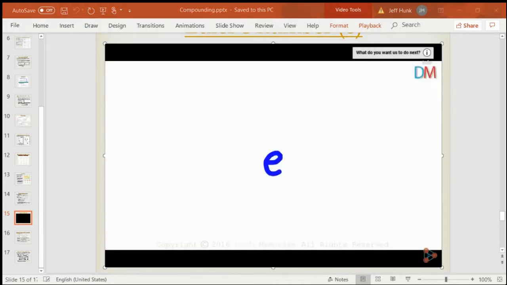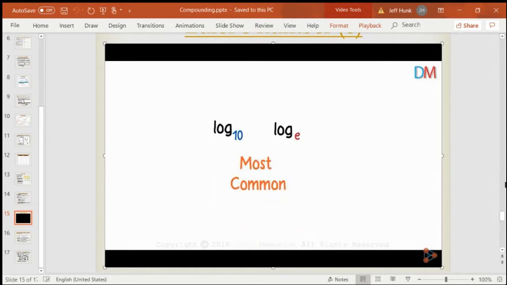The two most common logarithms used are log to the base 10 and log to the base e. Why are they the most common logarithms? How do you understand that?